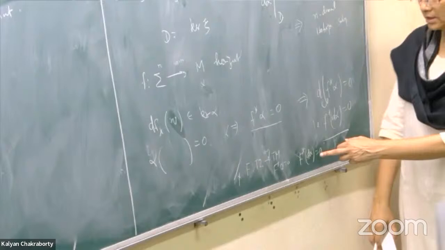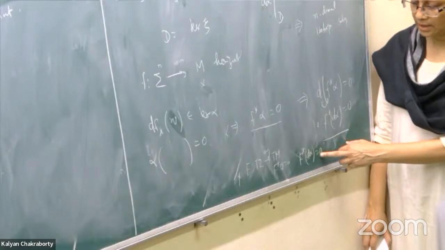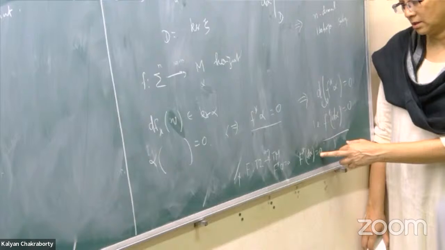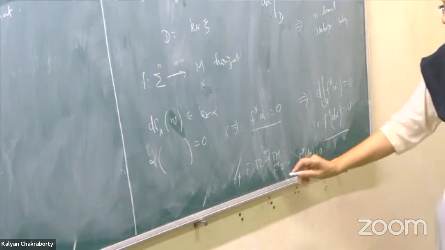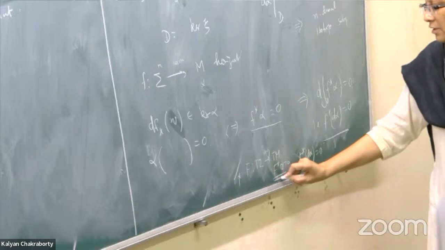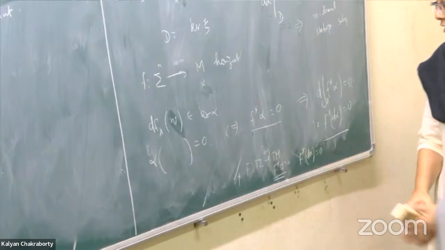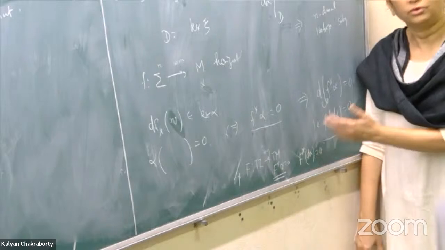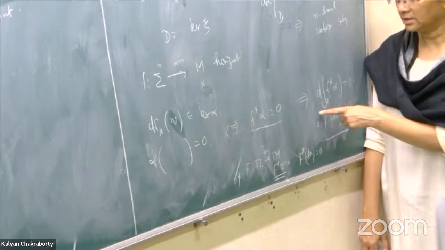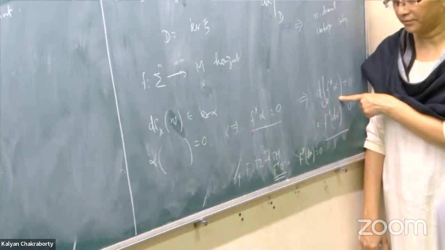Now you can see here that generally, if you are at the formal level, if you are given only this F star alpha, you do not get this. You get it only if you have this differentiability criteria.